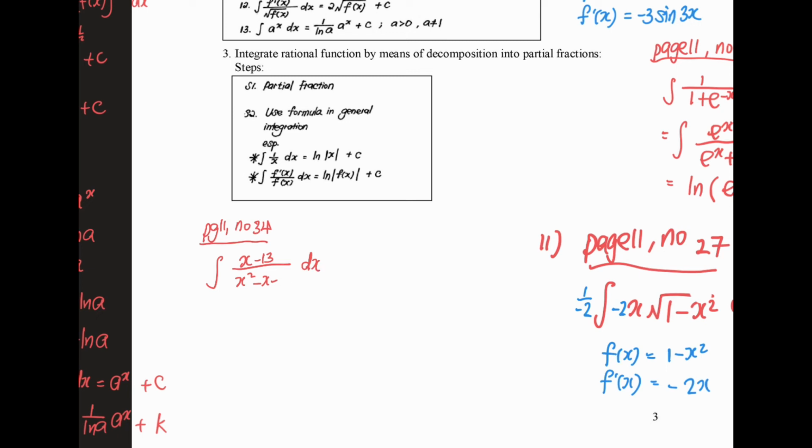Sorry, not 16, it's just 6. Now to do this, first we have to do partial fractions. I take out the fraction, factorize the denominator, then let it equal to a over x minus 3 plus b over x plus 2.